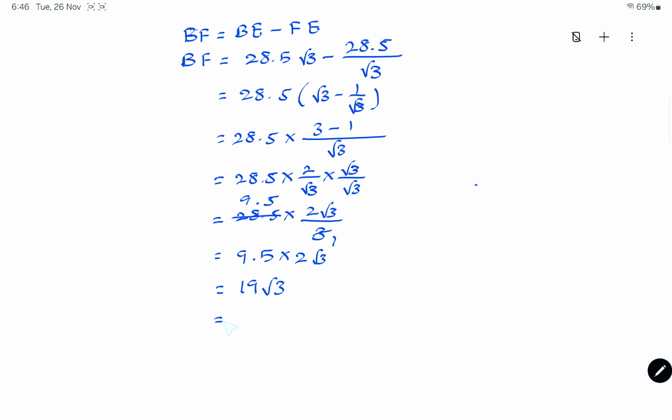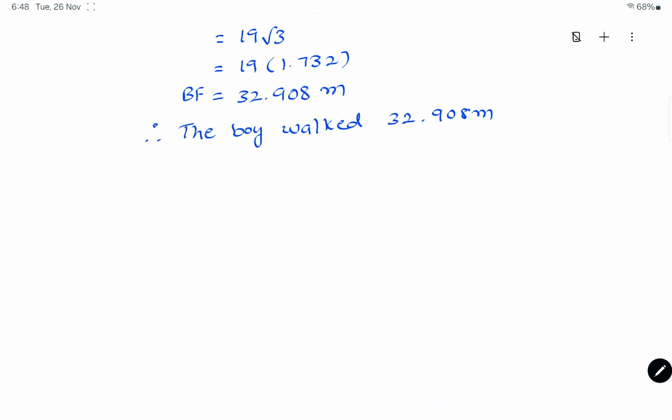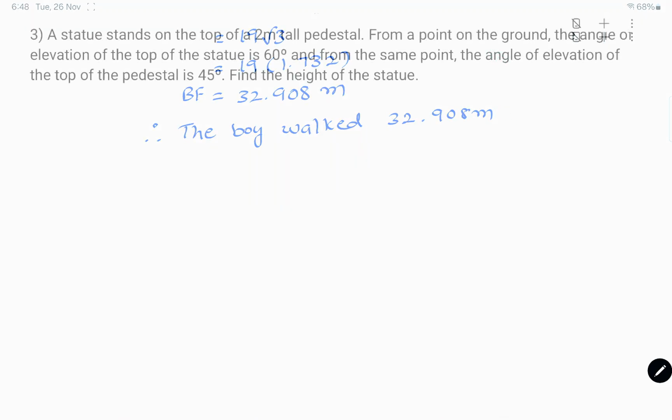We know the root 3 value is 1.732. 19 into 1.732 is equal to 32.908 meters. Here BF is 32.908. Here the distance he walked from B to F is 32.908. Therefore the boy walked 32.908 meters.